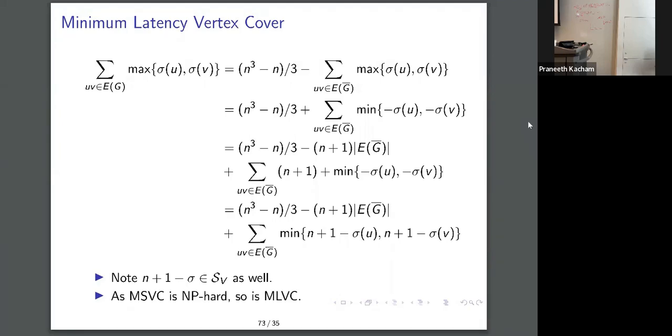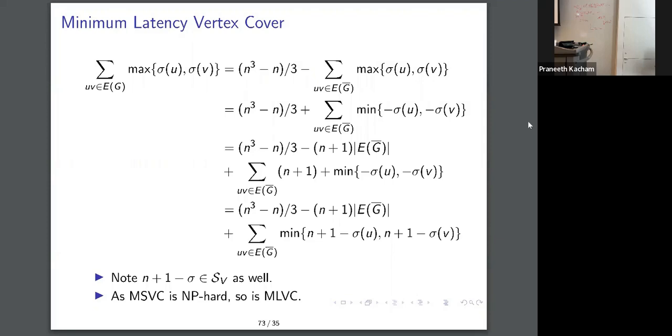So if we have an oracle that calculates minimum latency vertex cover, we can get the answer for minimum sum vertex cover of the complement graph. So this gives the hardness result, but it is not approximation preserving.